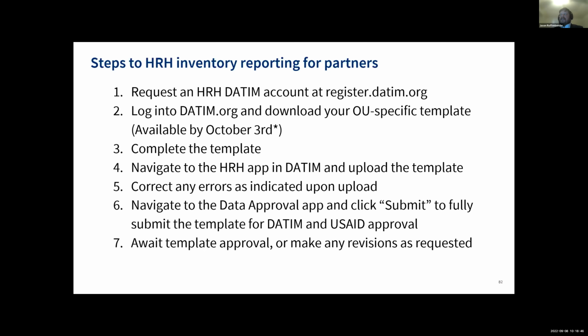Complete the template, and once it's completed, log back into Datum, into an HRH app, which I'll show you some screenshots of, where you can upload the template. There will be a report for any errors, and once that's submitted without errors, we can navigate to a separate app, the data approval app within Datum. And again, we'll walk through this briefly, where it can be formally submitted and approved for completing this activity.